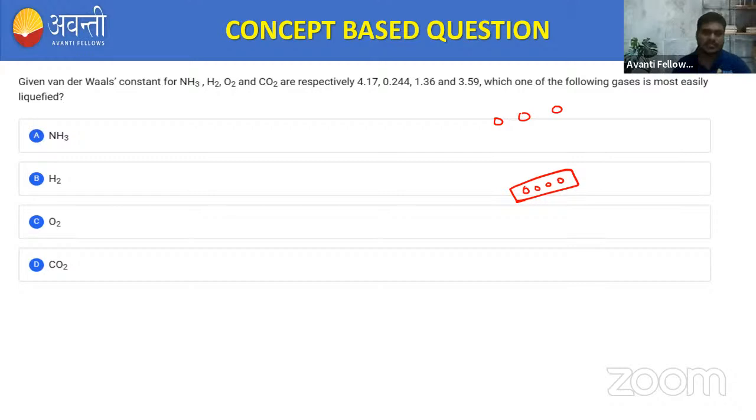ठीक है, ऑन द बेसिस ऑफ द वैल्यू ऑफ a, दिस इज द वैल्यू ऑफ a, राइट. ये सभी a की वैल्यू गिवन है, वेन डेर वाल्स कांस्टेंट a व्हिच डिटरमाइन द अट्रैक्टिव फोर्सेस. अब बताओ फटाफट. टेल मी फास्ट द करेक्ट आंसर फॉर दिस क्वेश्चन.